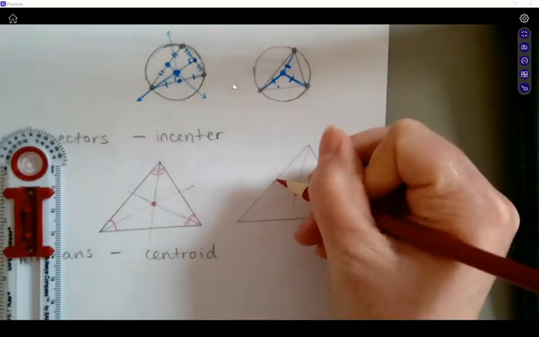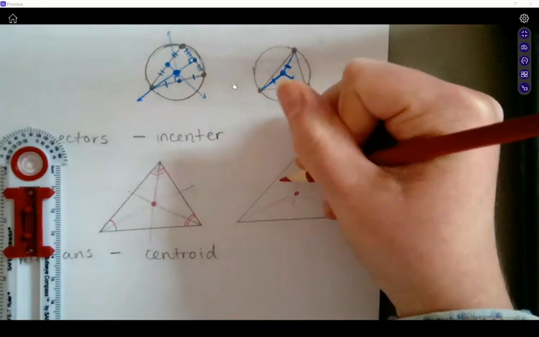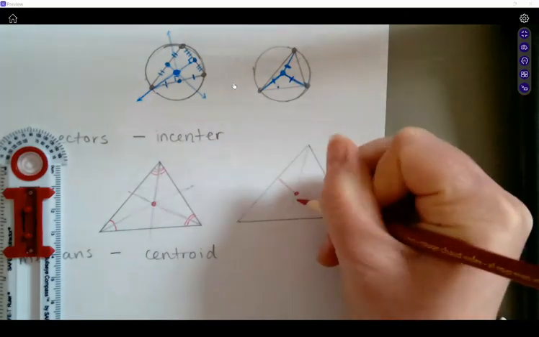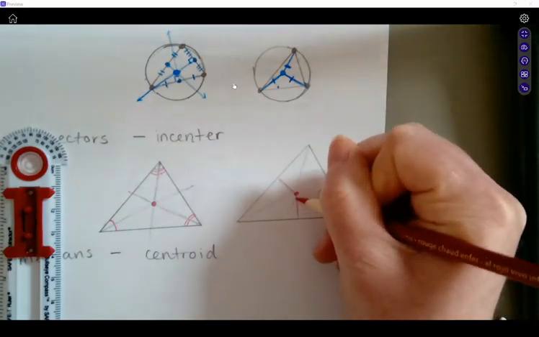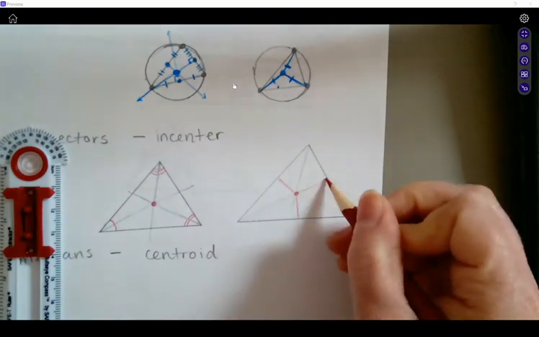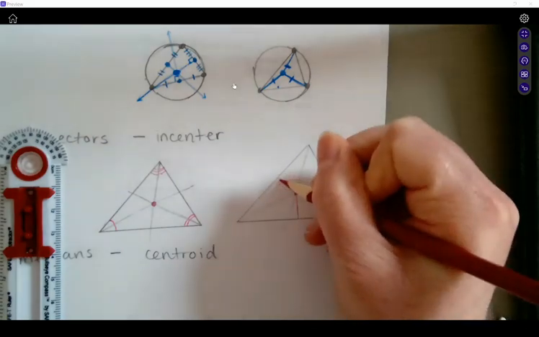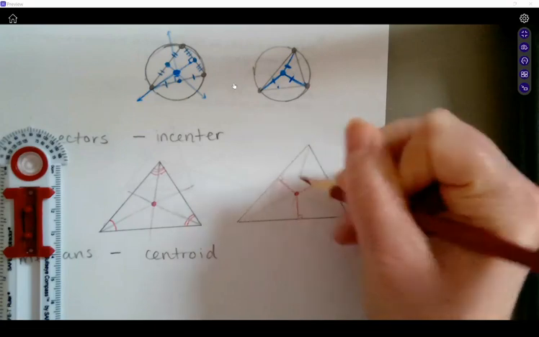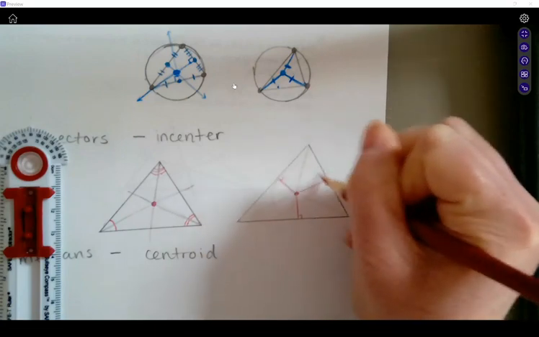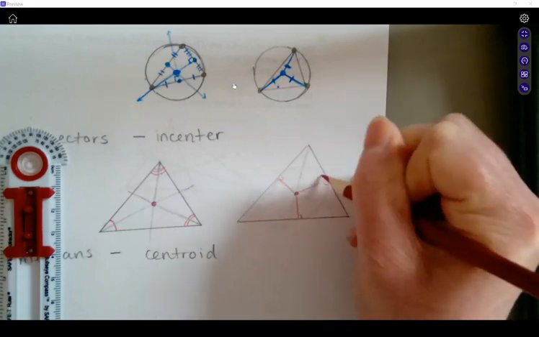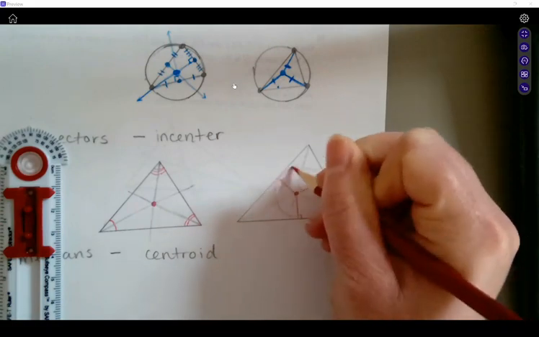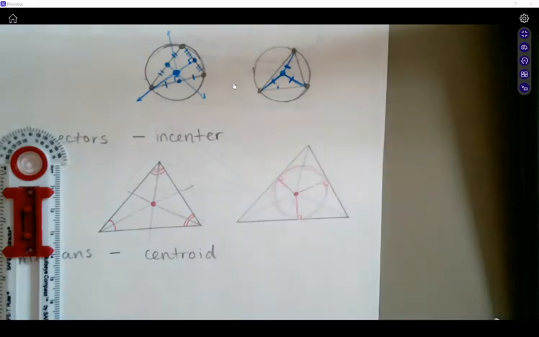And now I'm going to try my best to draw the little segments that would drop down from this center in a perpendicular fashion. Okay, I am not good at drawing. Obviously, that's way off.